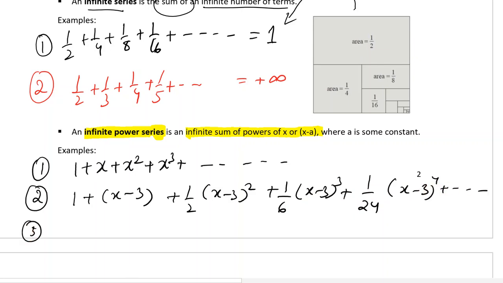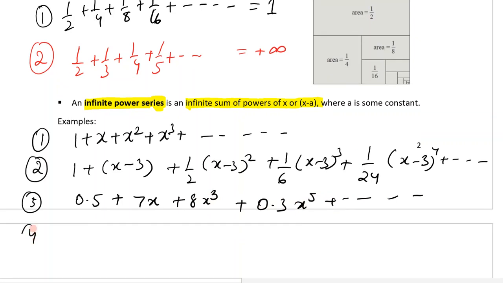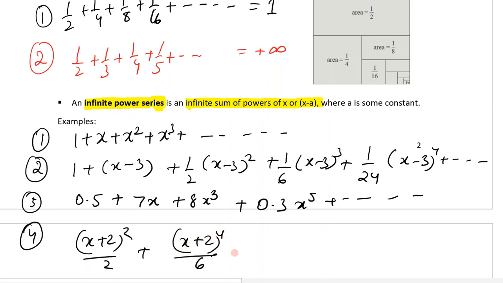Or you can have fractional coefficients, or odd powers of x, or maybe just even powers of x or something like this. All these are examples of infinite power series.